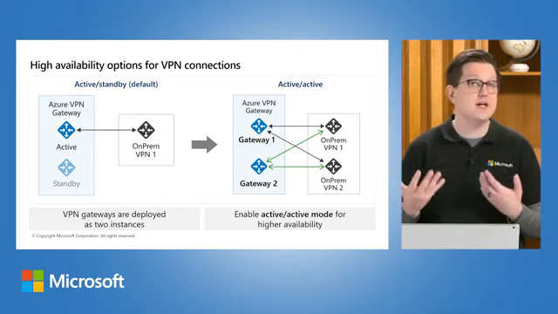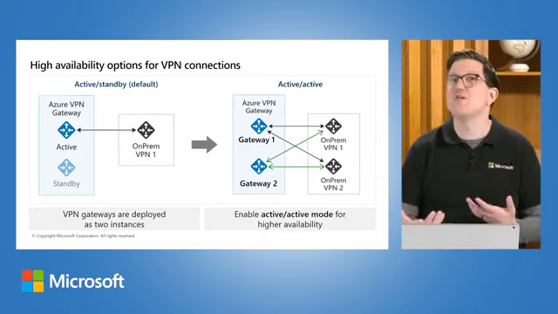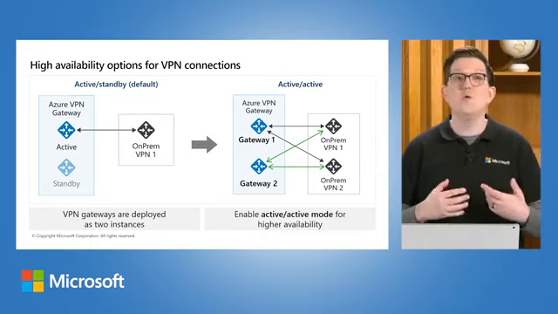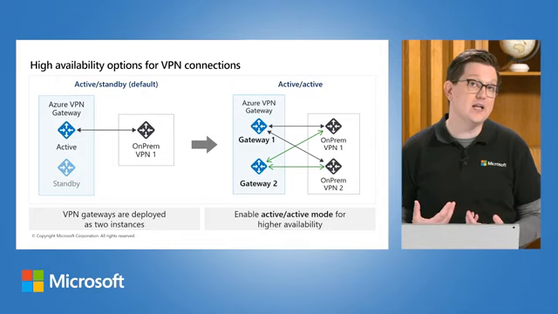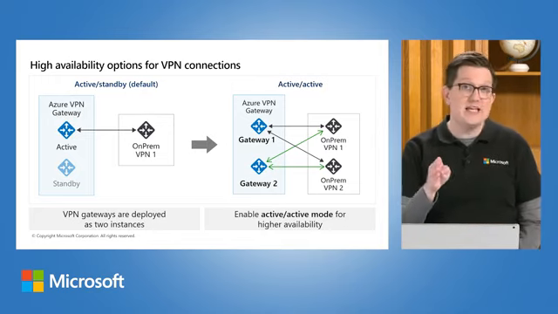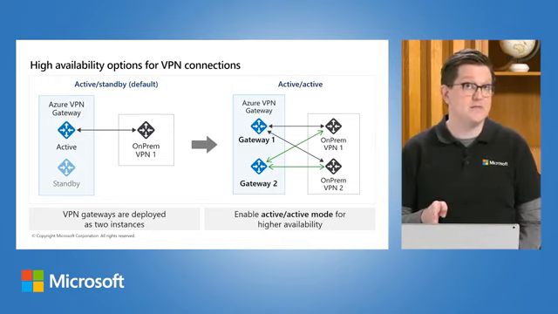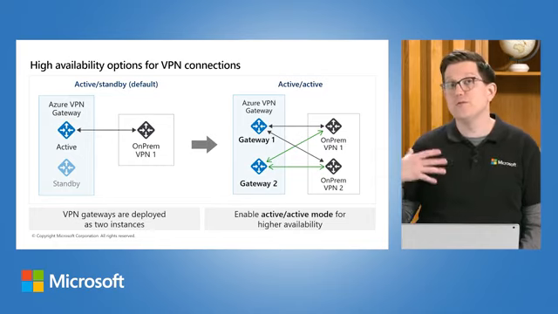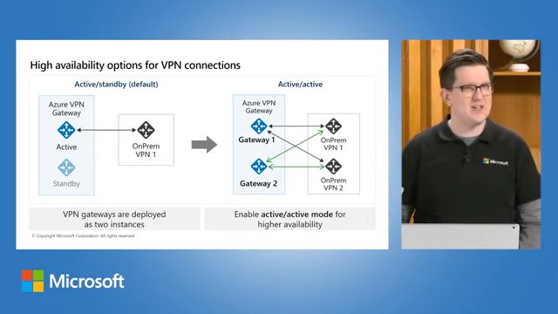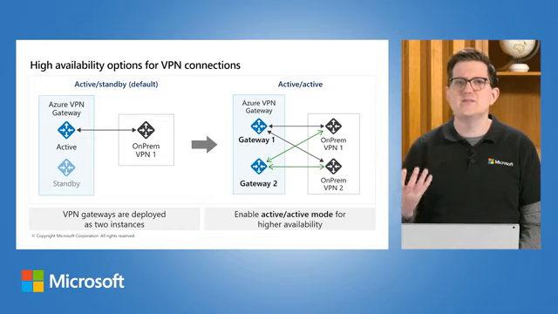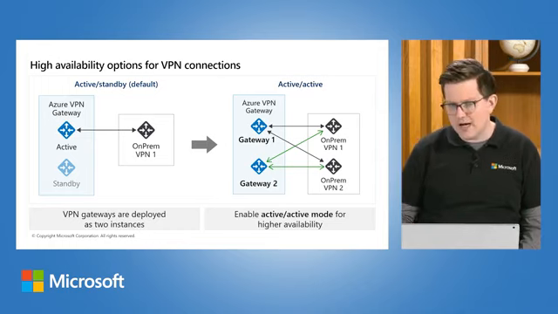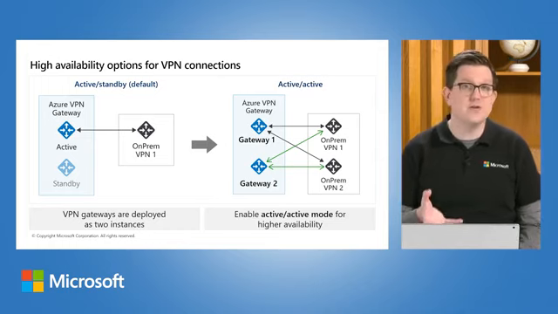Now for clients and customers for whom that sort of cutover is not acceptable, or you just simply need a higher level of uptime, look to the active-active deployment model instead. You will need to go through and establish a couple of extra connections on your side, and there's some highly available architectural documentation you will need to follow.